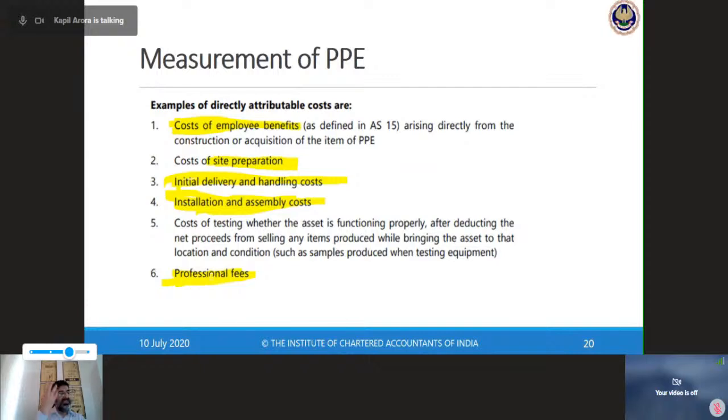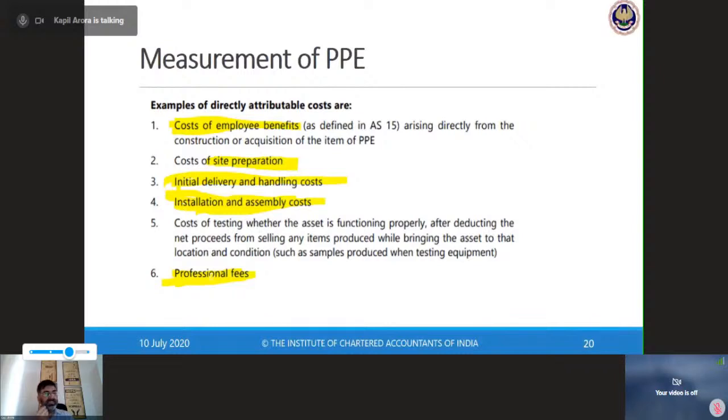Whether I construct this building or I don't construct this building, that accountant doesn't have to do anything with that. He will still be there with me. It means he is not directly attributable to this particular building. But my labor, which I am using for construction, they are only there till the time the asset is getting constructed. Once the asset is constructed, they may go out. Or I can say that I have only employed them for the construction work.